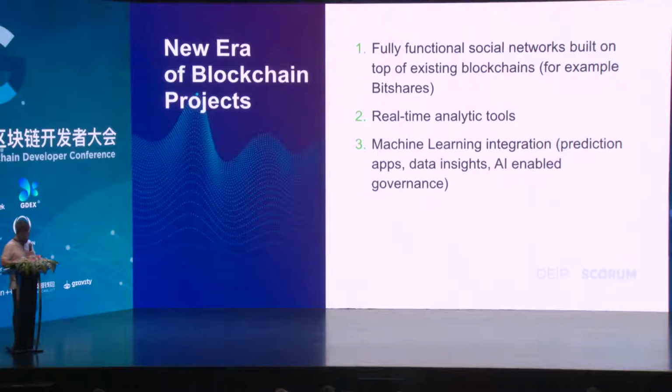As I already said, this new Graphene architecture allows us to implement really any kind of application and make blockchain applications really close to the experience we have with traditional web apps. With it, we can do real-time analytics tools and any machine learning integrations, data analysis, predictions, and so on.